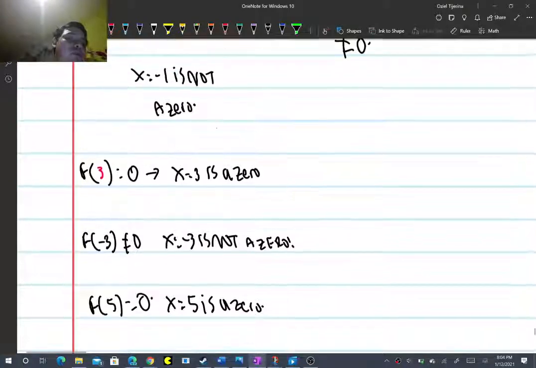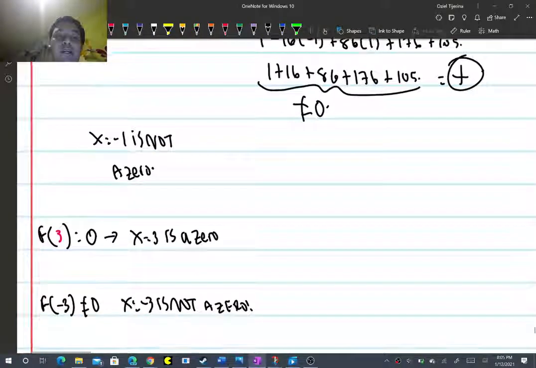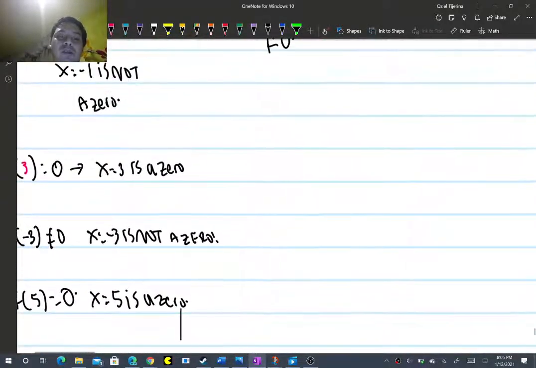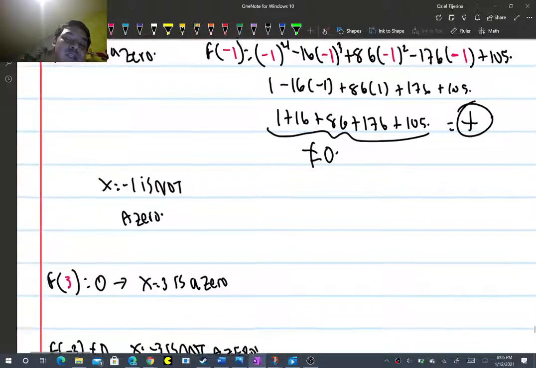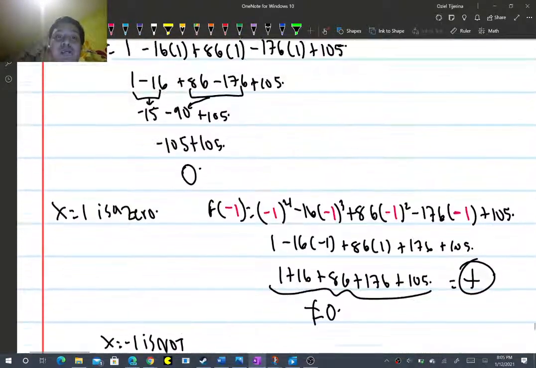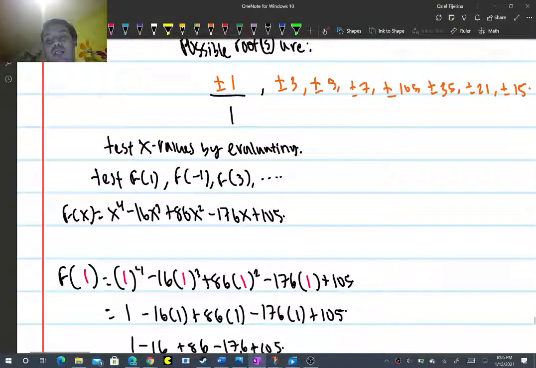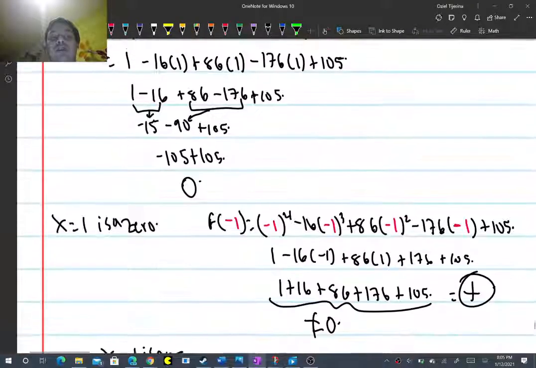So next, we already have 3 zeros here. There is one thing you can do now. You can keep looking for rational roots, like test every one of them out, or test plus or minus 7 or negative 5 as well.